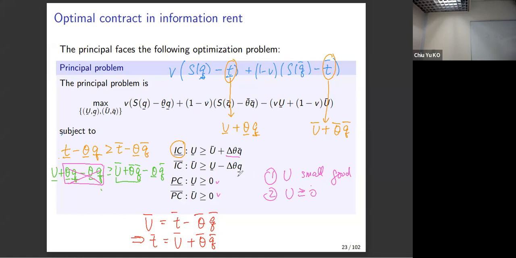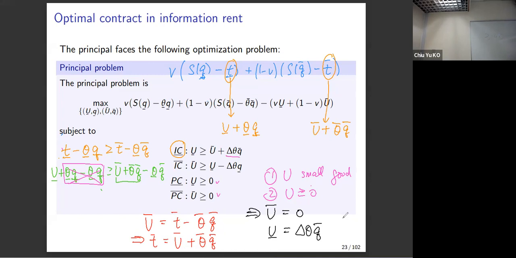Now, set the upper bar to 0. The lower bar exactly makes the IC hold. So how do you solve this? The argument will be upper bar 0, and lower bar will be that, which is what we're trying to do.